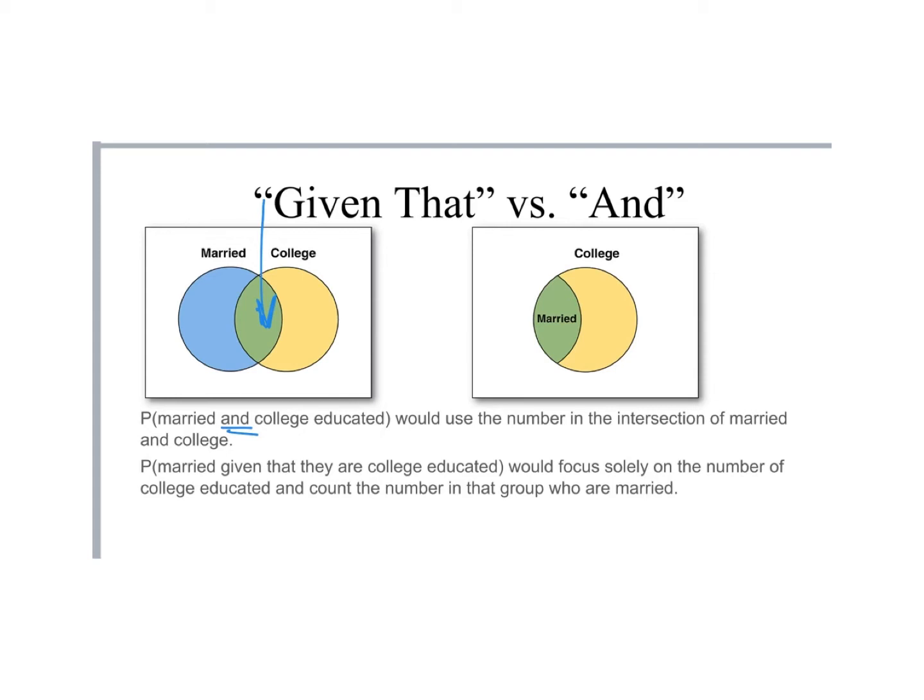This would focus solely on the number of college educated and count that number in that group. So in this given that problem, we're taking only the group of college people and focusing on the married people there. We're not focusing on everybody, because we're not even looking at the people in this blue married group here.